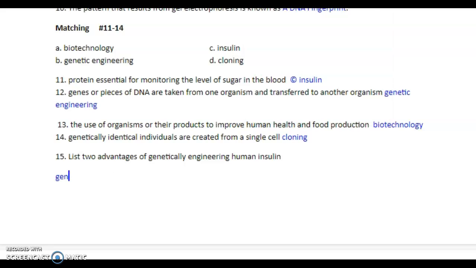Genetically engineering bacteria to produce human insulin increases the supply of insulin and lowers the cost.